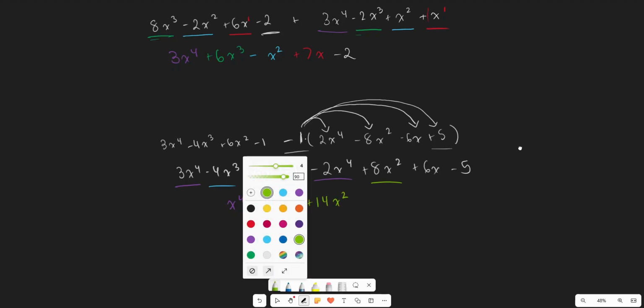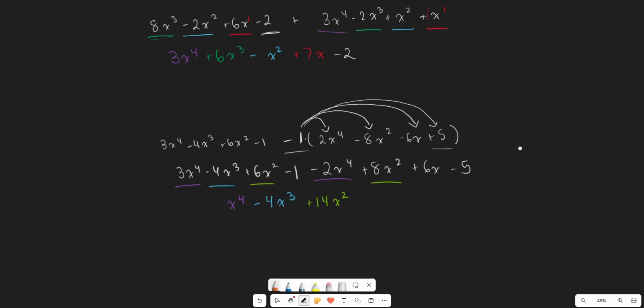And then our x term, we have 6x plus 6x. There's only one of those. And then our constants. There's two constant terms, minus 1, minus 5. So minus 1 minus 5 is minus 6. So that is our value for the subtraction of those two polynomials.